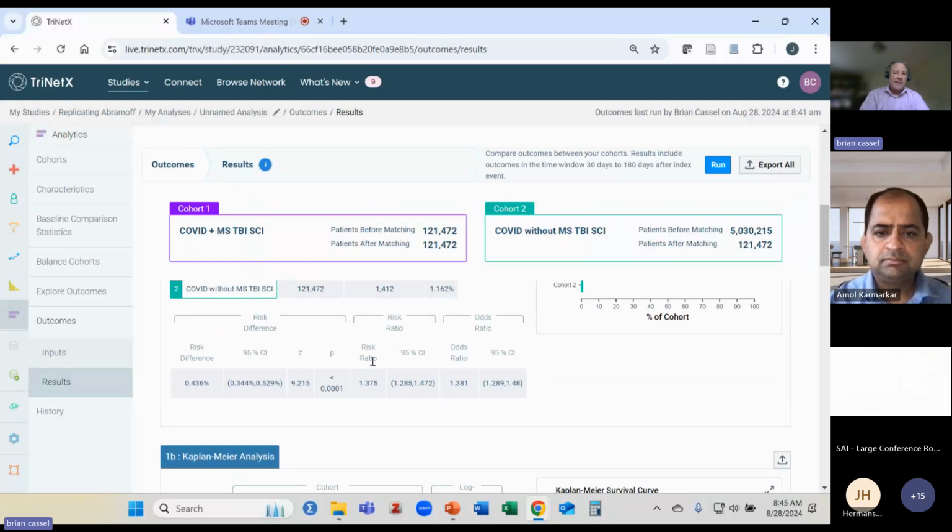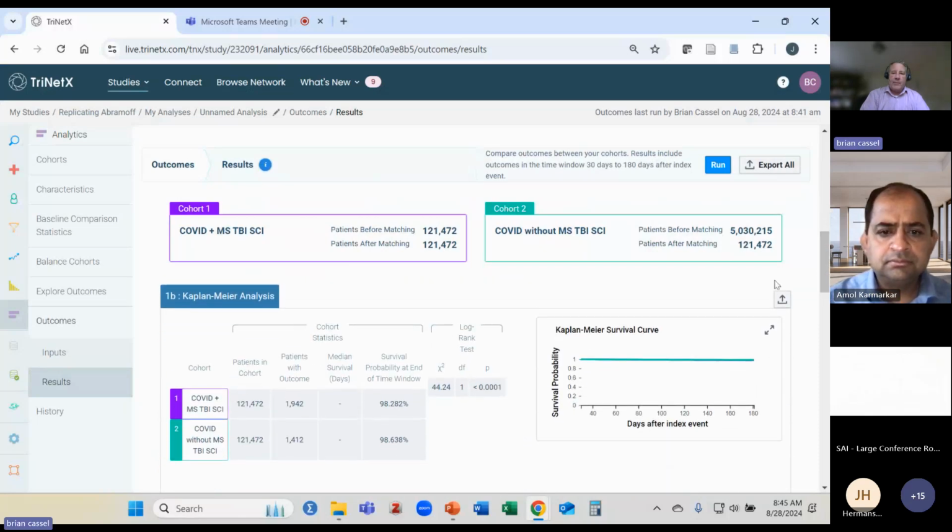That also indicates that this is a significant thing that I shouldn't chalk up to chance or uncertainty. So patients with MSTBI or SCI have 1.4 odds of death compared to patients without those after COVID.